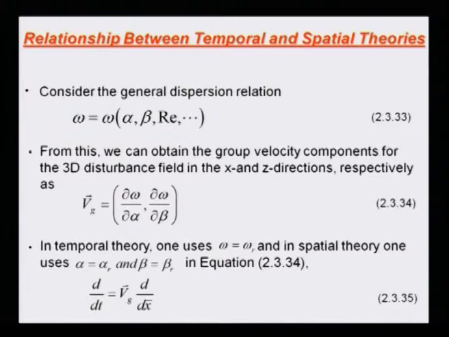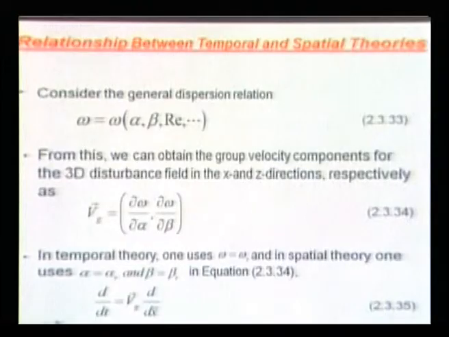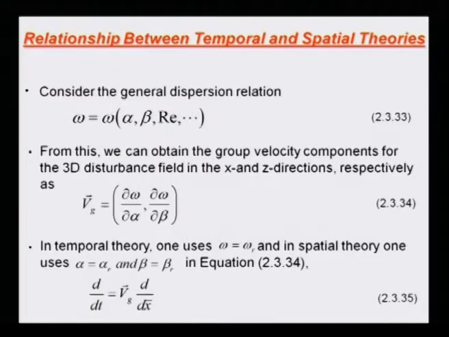So, you perform a temporal theory calculation, and having obtained the temporal rates, you can convert that into a spatial rate through a relation like this. This relation was originally adopted by Schlichting in his 2D calculations.